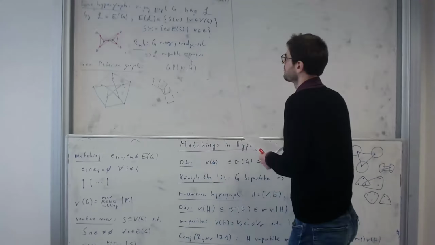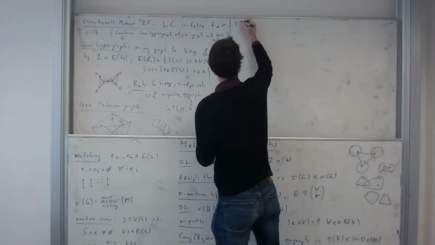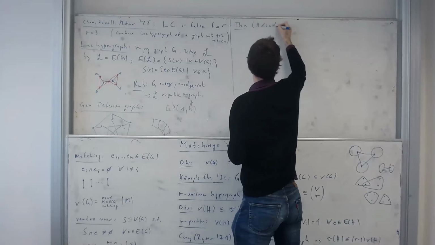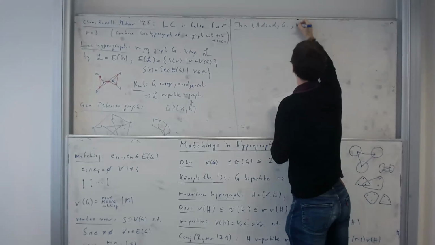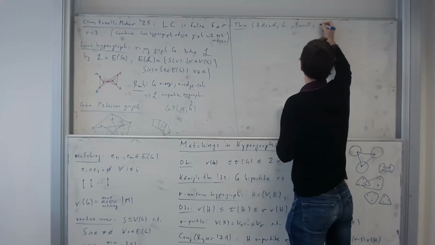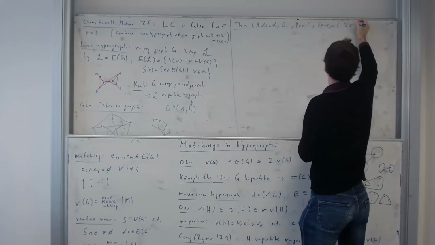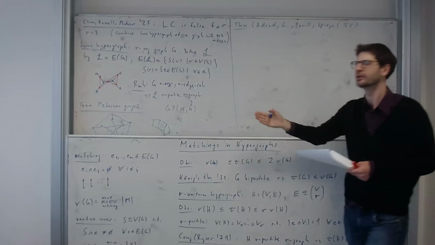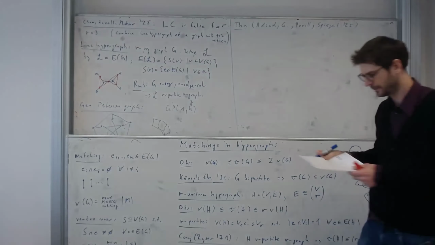And now our result is a theorem together with Aida, Xavi, and Christoph, also this year, that this generalized Petersen graph gives you an infinite family of counterexamples to the Lovász conjecture.